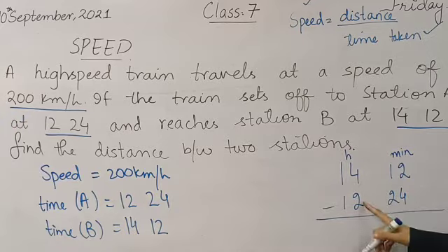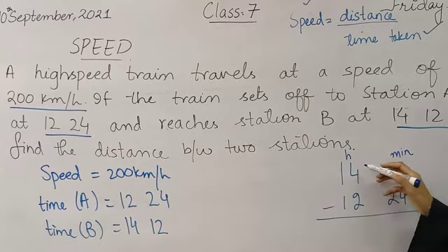Here we have 12 hours and 24 minutes. Okay. Subtract minutes from minutes and hours from hours. We have 12 minutes minus 24 minutes. Is it possible? No. Just like subtraction, we borrow.